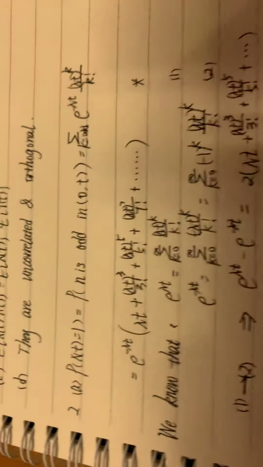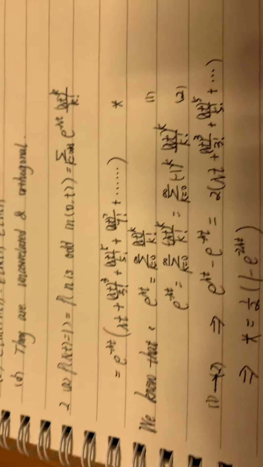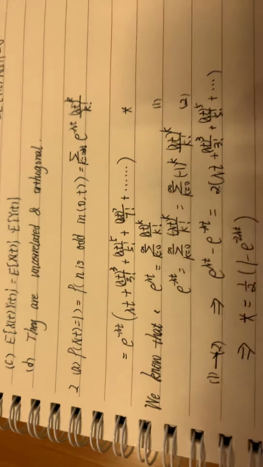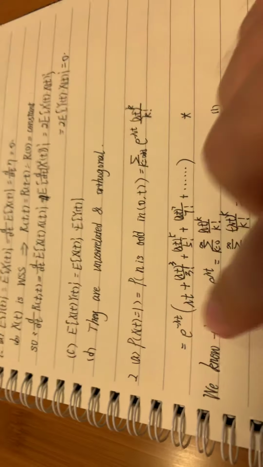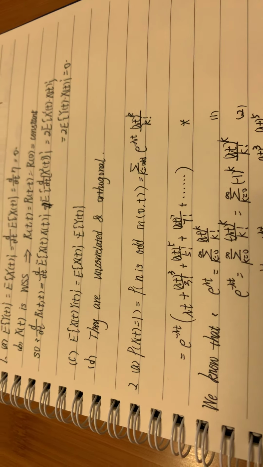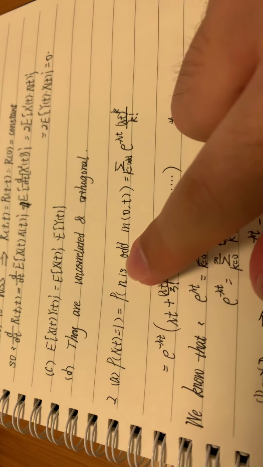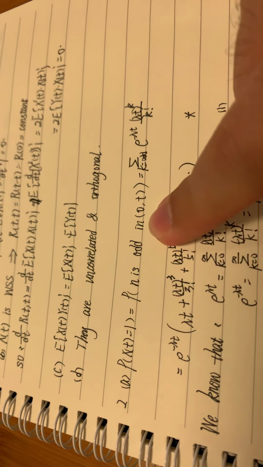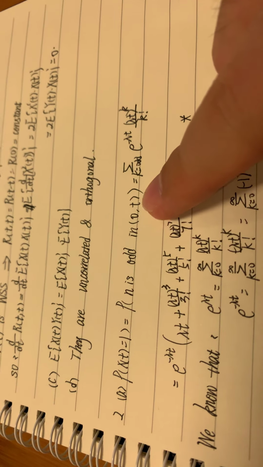Okay, the first sub-question: we should find the probability that X(t) equals 1. We know that X(t) equals 1 is the event that N is odd in the interval from 0 to t.